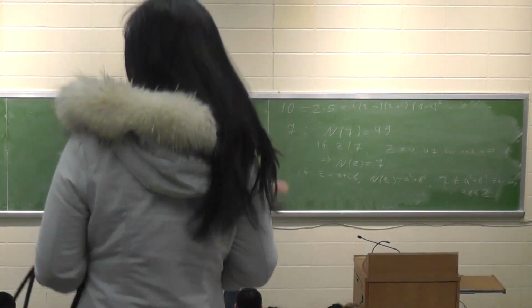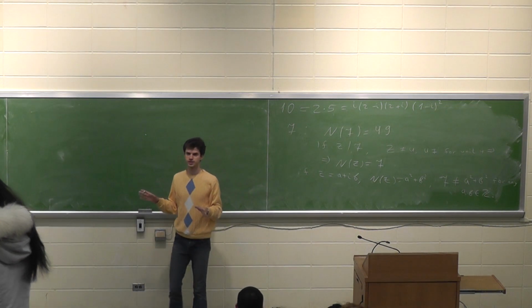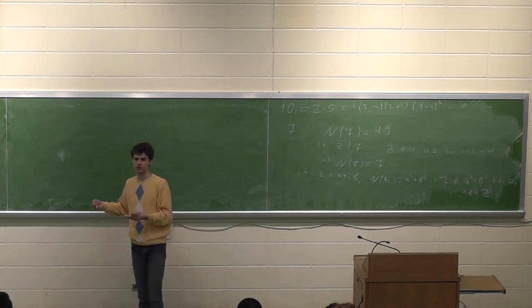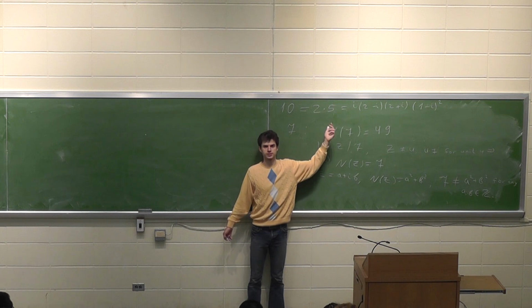Well, first of all, if we take an integer, we can factor it as a product of usual primes. That's the first step. And once it is factored as a product of usual primes, we can try to factor each one of those primes.